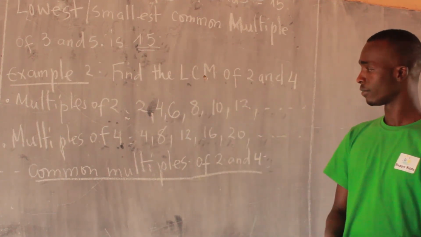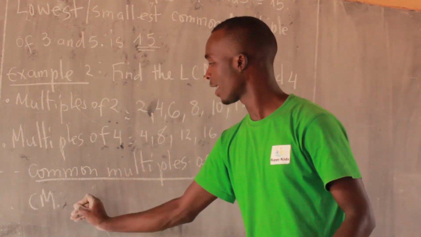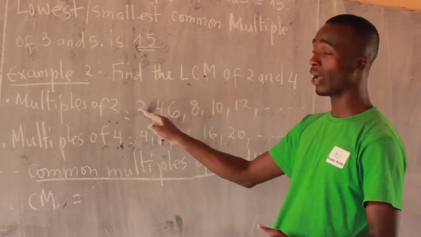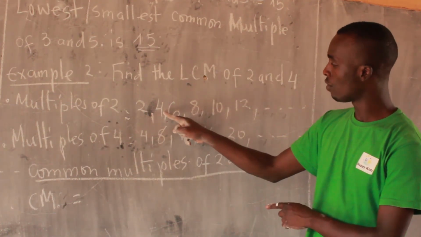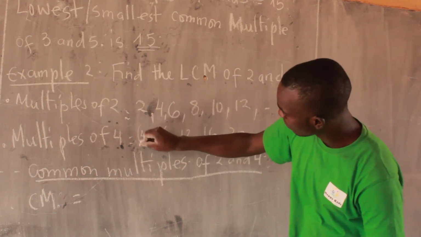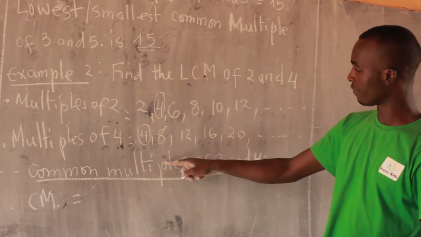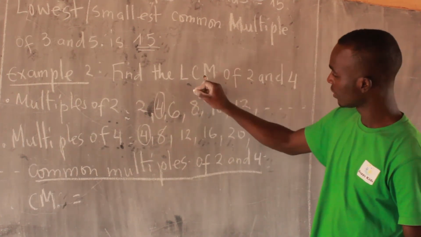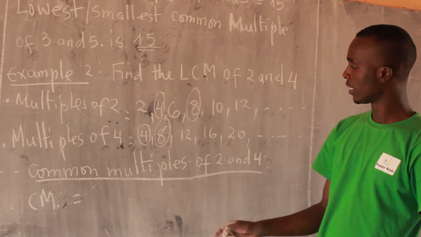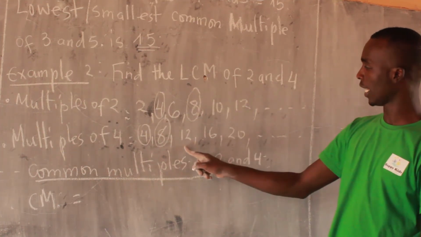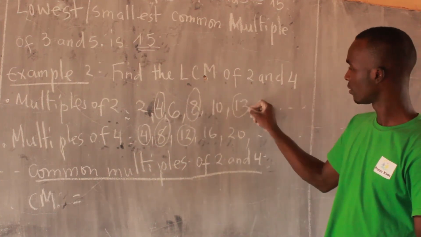What are they now? We can see that here we have 2, here we don't have 2. Here we have 4 and here we have 4. Here we have 6, here we don't have 6. Here we have 8, 8 is here and 8 is here. Here we have 10, here we don't have 10. Here we have 12 and here we have 12.